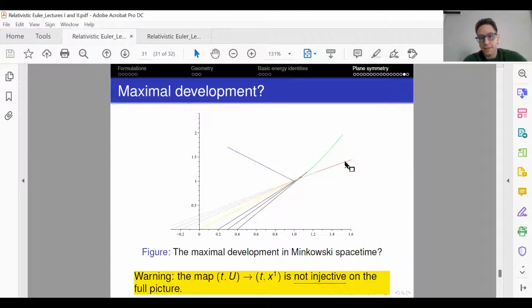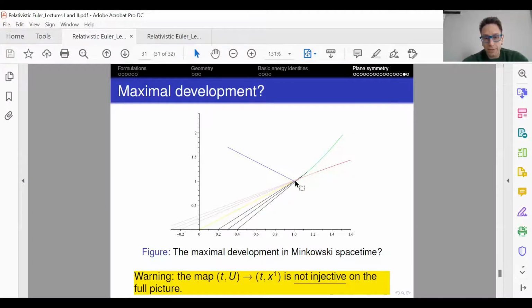And qualitatively, that's an important part of the problem, especially away from symmetry. And similarly, on the other side of the picture, these black lines are also characteristics of L, and they're impinging on this green line here, and they're also tangent to it. You know, they touch tangentially. And then the yellow characteristic in the middle.